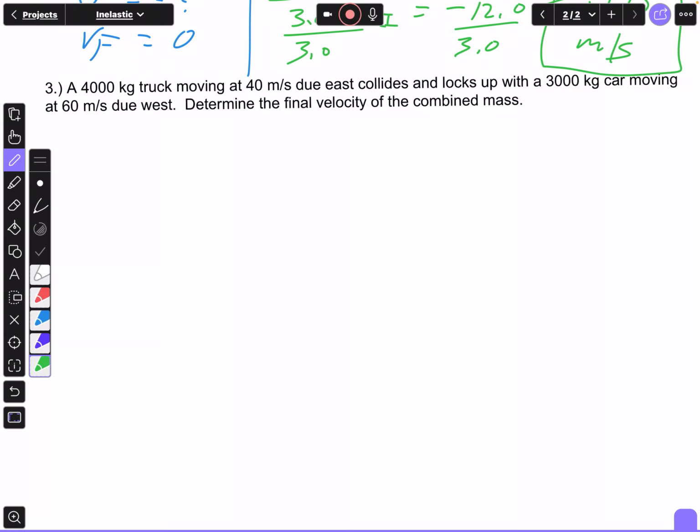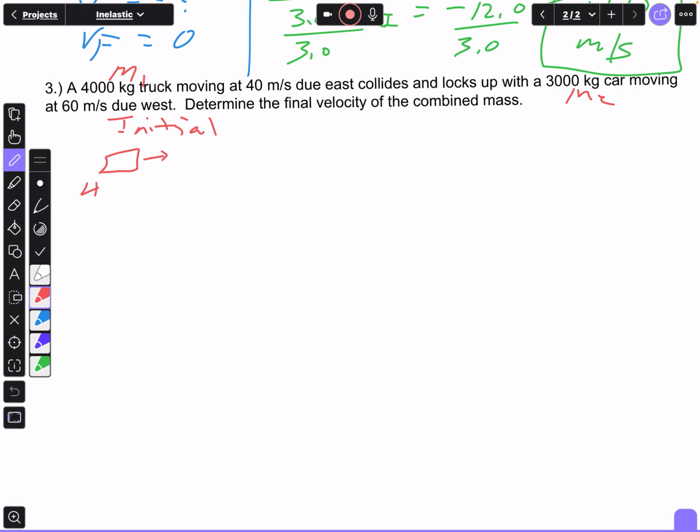Okay, I want to label what is my M1 and M2. I'm going to say my truck is going to be my M1, and I'm going to say my car is my M2. And draw my diagram for my initial conditions before the collision. I have a truck here moving due east. It's moving this way.